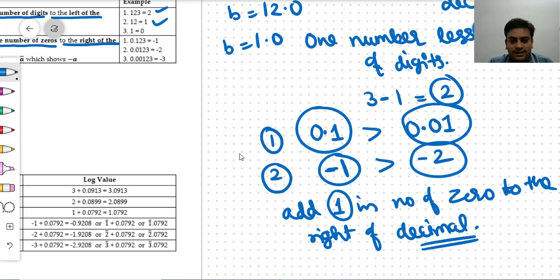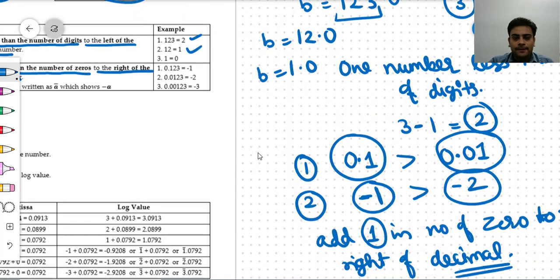Let us see these examples which I have written here. The first example is 0.123. After the decimal you don't have any 0, so the number of zeros is 0, and we need to add 1, so 1 plus 0 is equal to 1, and we also need to put a negative sign before that, so the characteristic is equal to -1.